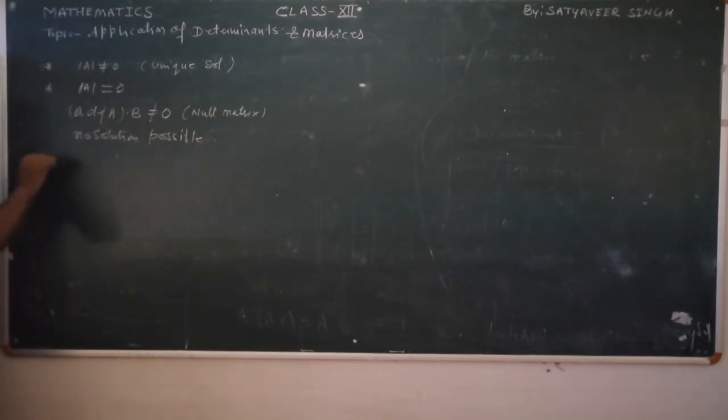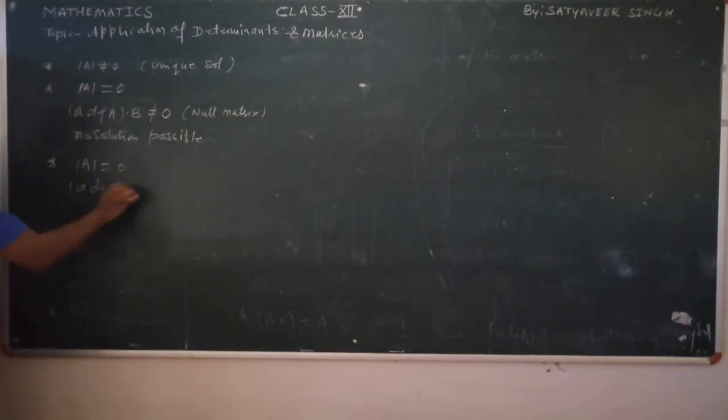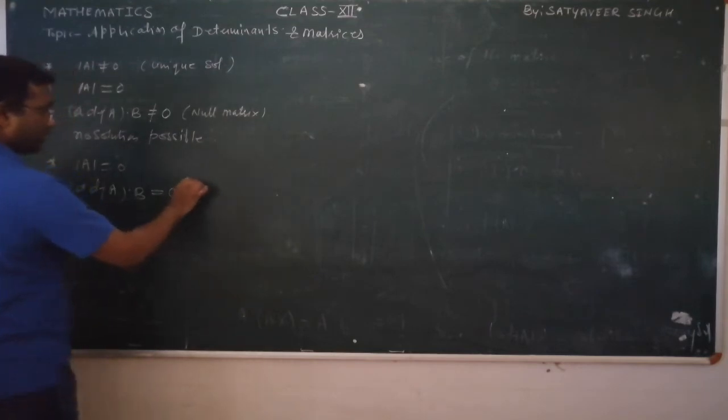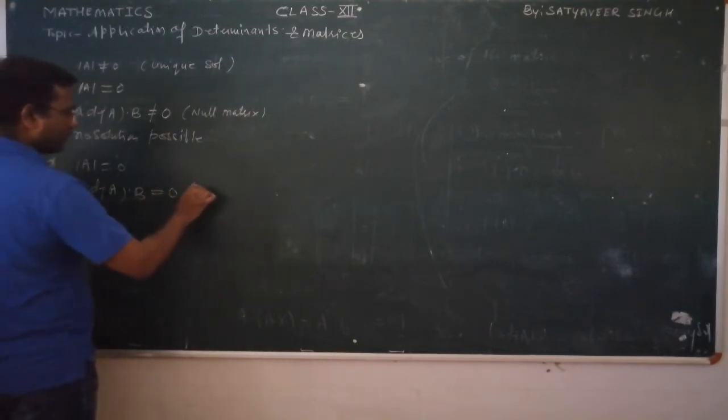And in the third case, if determinant is 0 and further adjoint A into B is equal to O, this is also a null matrix.